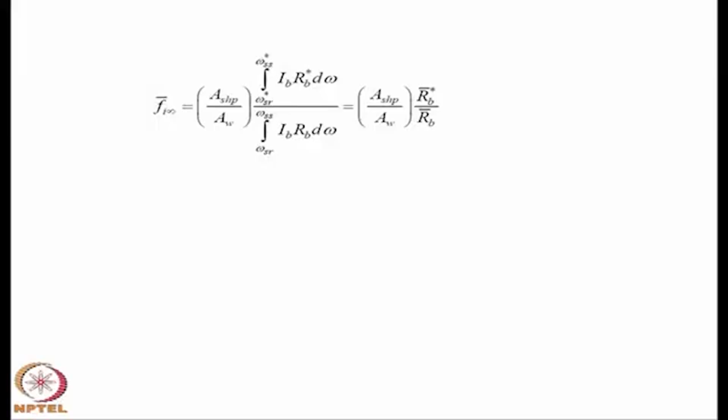So, this is what we have achieved in terms of the passive systems.